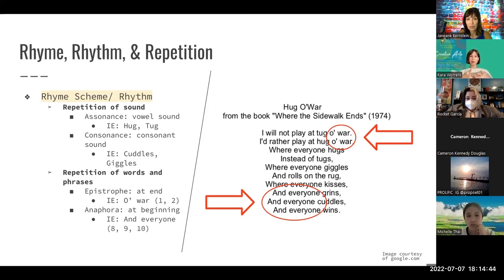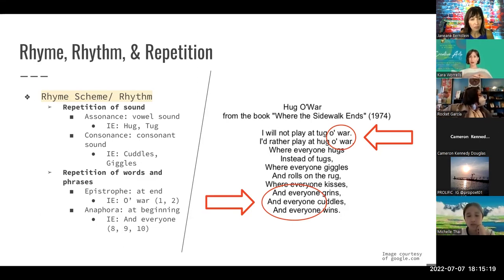Rhyme schemes are the repetition of words at the end of each line that have either the same vowel sounds or the same consonant sounds. Assonance is repetition of vowel sounds, like in this poem, "hug" and "tug," which are presented towards the end of the first 2 lines and then repeated in the 3rd and 4th lines with "hugs" and "tugs," as well as the word "rug," which is in the 6th line.